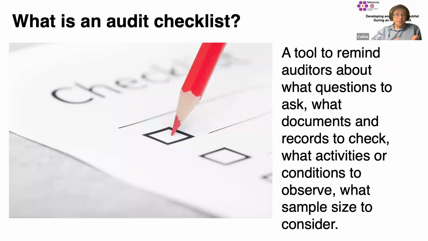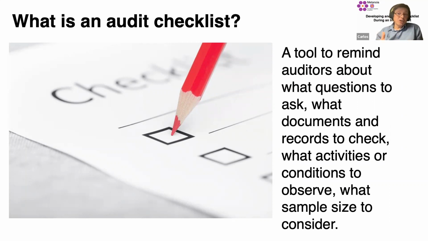And what is an audit checklist? An audit checklist is a tool used by auditors to remind them what questions they want to ask, what documents and records they want to check, what activities or conditions they need to observe. A checklist may have questions, and may have tables to collect information and remind the auditor about the size of the sample to consider.